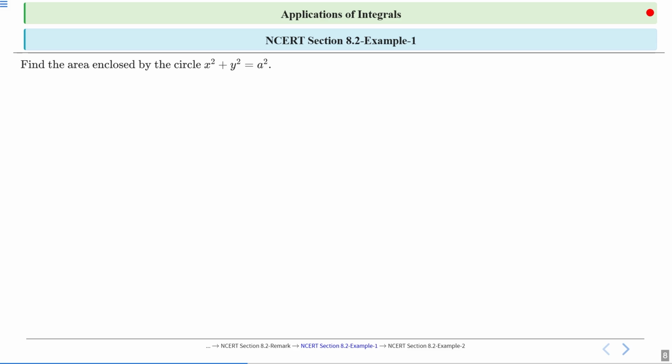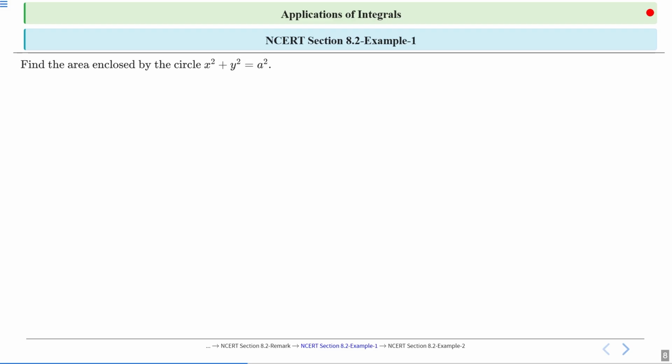So example one is: find the area enclosed by the circle x square plus y square equal to a square. At first we have to draw the graph for this curve, x square plus y square equal to a square, and this curve is a circle.